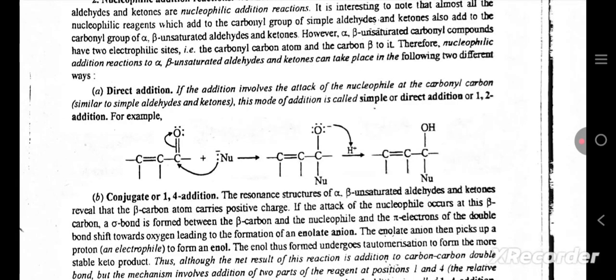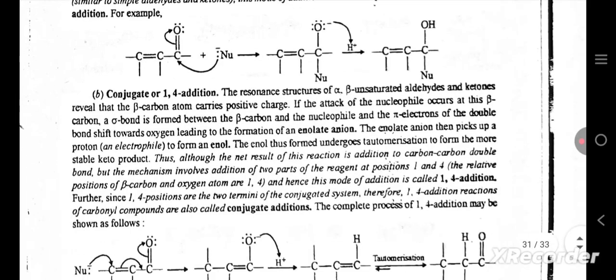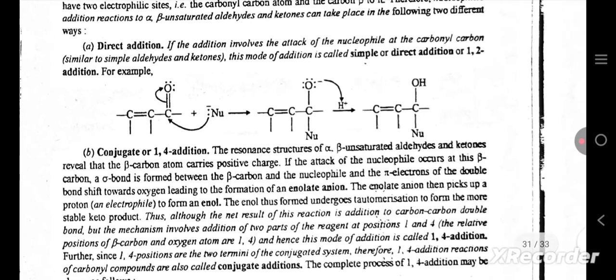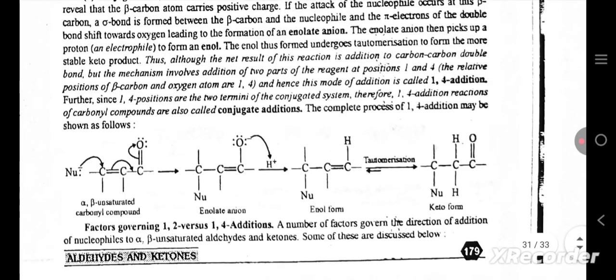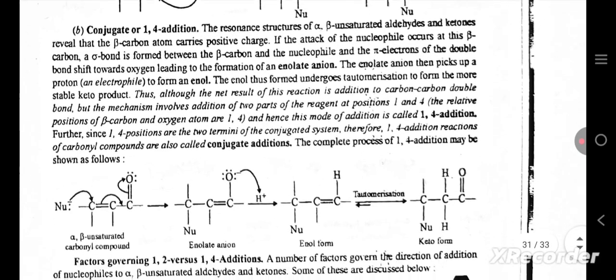Therefore, nucleophilic addition reactions to alpha-beta unsaturated aldehydes and ketones can take place in two different ways. Direct addition. If the addition involves the attack of nucleophile at the carbonyl carbon similar to simple aldehydes and ketones, this mode of addition is called direct addition or 1,2 addition. For example, conjugate 1,4 addition.